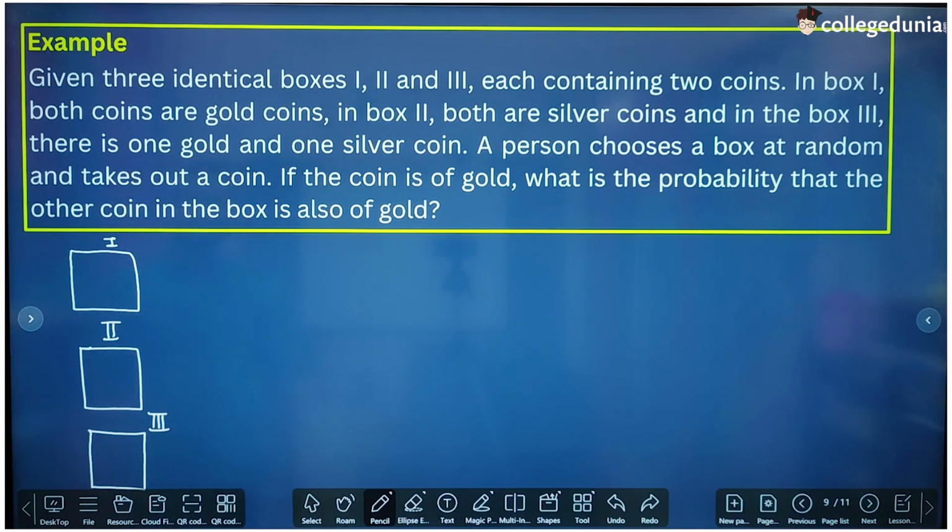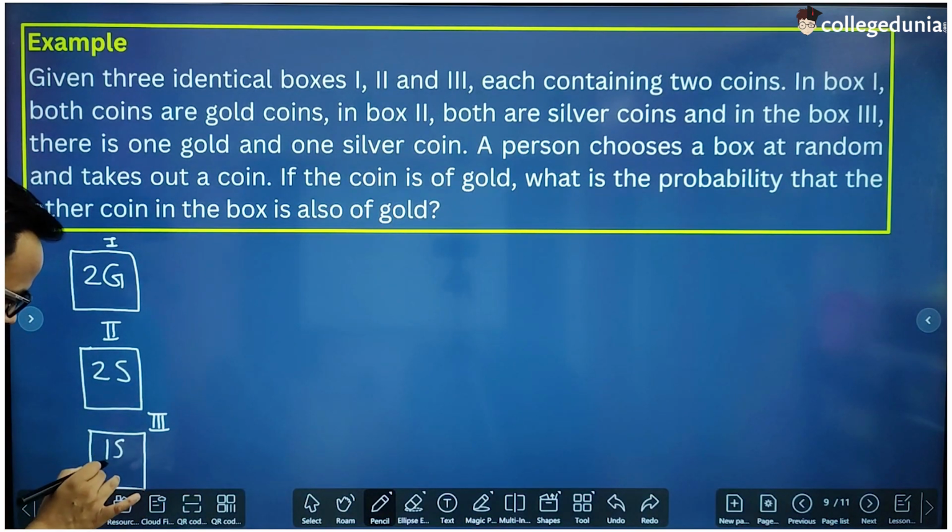In box 1, both coins are gold coins, 2 gold coins, right? In box 2, both are silver coins, 2 silver coins. And in box 3, there is 1 gold and 1 silver. A person chooses a box at random and takes out a coin. If the coin is of gold, what is the probability that the other coin in the box is also of gold?